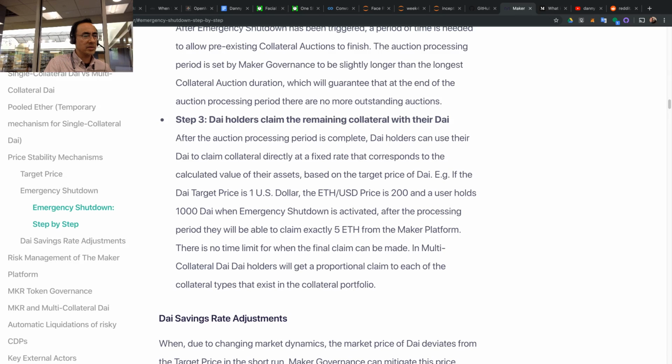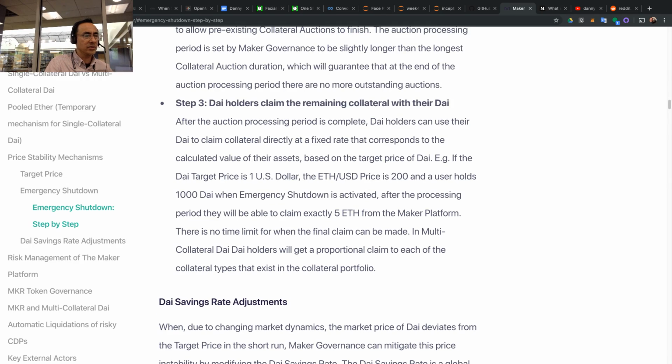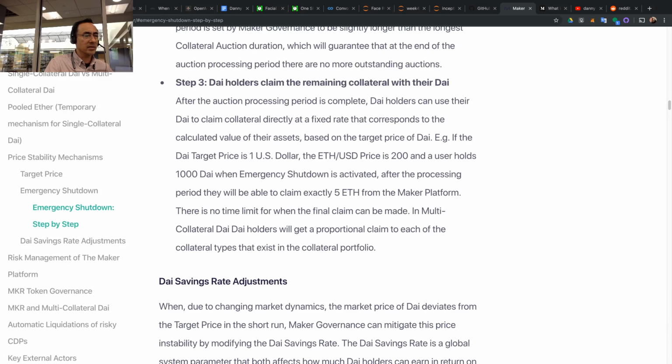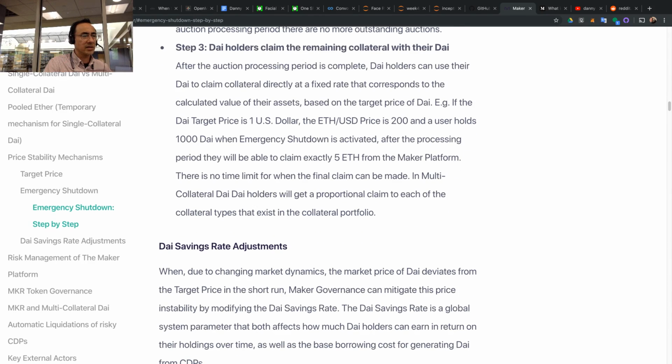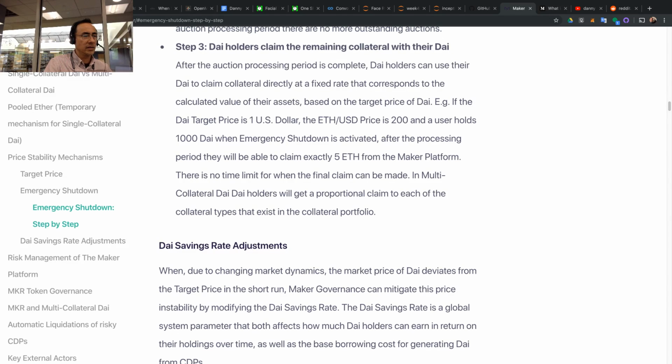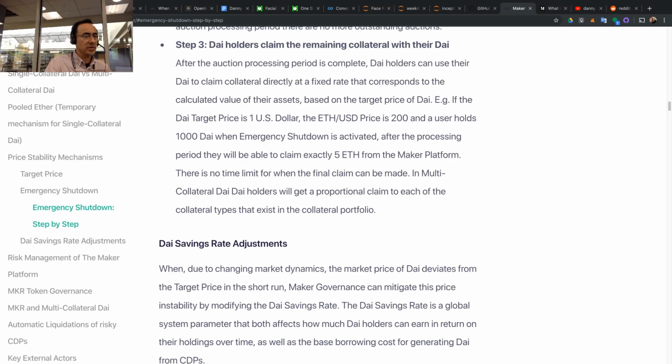After the auction processing period is complete, DAI holders can use their DAI to claim collateral directly at a fixed rate that corresponds to the calculated value of their assets based on the target price of DAI. If the DAI target is 1 US dollar, ETH is 200 US dollars and the user holds 1000 DAI, after the processing period they will be able to claim exactly 5 ETH from the Maker platform.